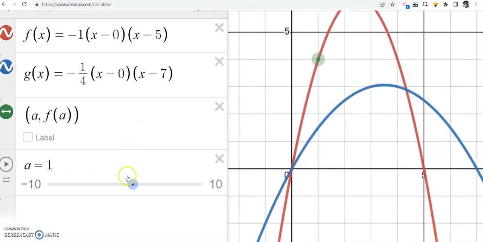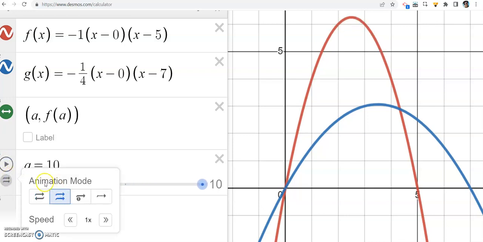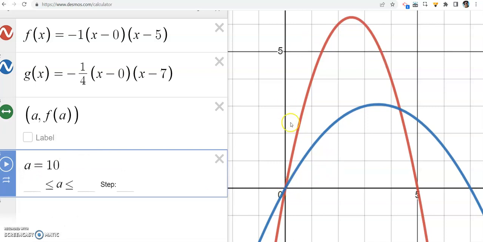and what it's going to do is, as you move the slider back, you can see that green point going up and down on my graph. So what he's going to do is he's going to go up and down, back and forth. Okay, and that's not really what we want, so let's change a couple things here. First, you can change direction so he only goes one direction. So if he's shooting from 0, because my picture might be a cannon firing little Nerf cannonballs, or it could be a cannon shooting bunnies.